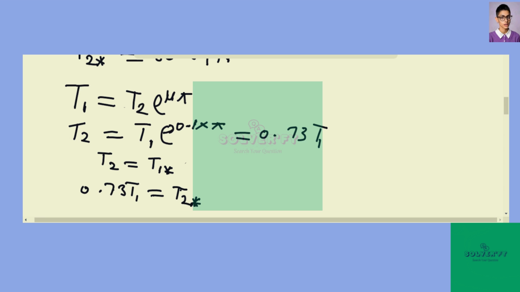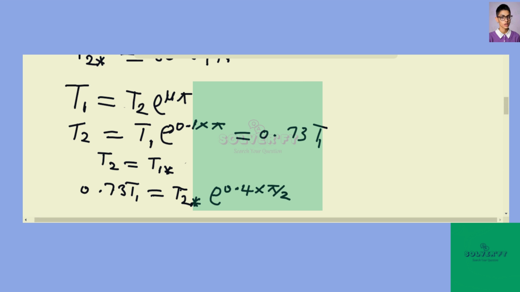For the other pulley, the coefficient of friction with the belt is 0.4, and the angle of wrap considered is 90 degrees, so 90 degrees is pi over 2 rad.